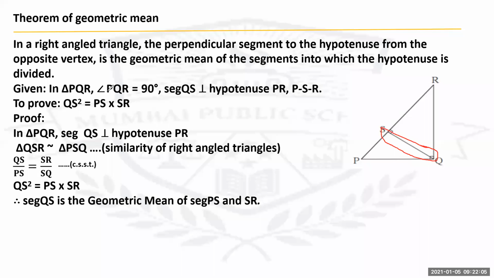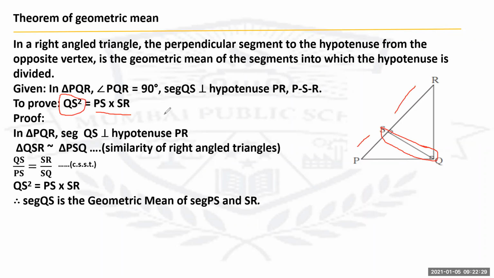So that means QS square equals PS into SR, since the hypotenuse is divided into RS and PS. That you have to prove.